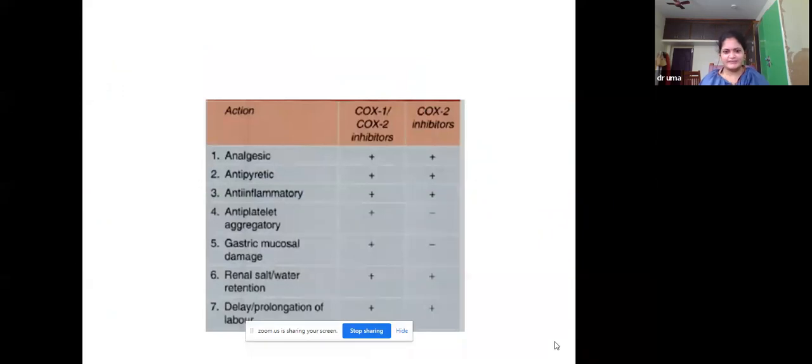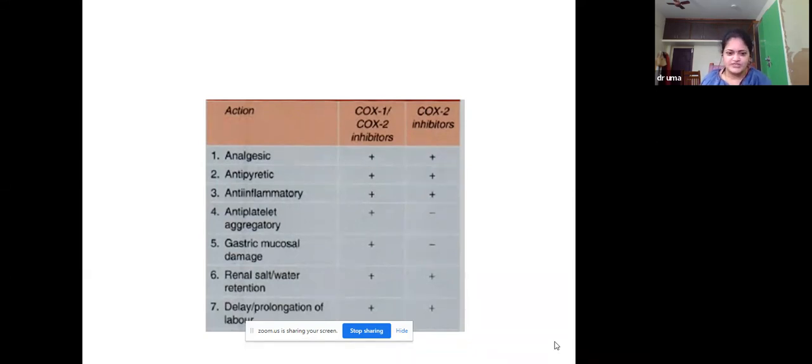So what's the importance of cyclooxygenase 1 and 2 inhibition? Because of cyclooxygenase 1 and 2 inhibition, we have analgesic, antipyretic, and anti-inflammatory effect. But COX2 inhibitors do not have antiplatelet effect. And they also will not cause gastric mucosal damage.